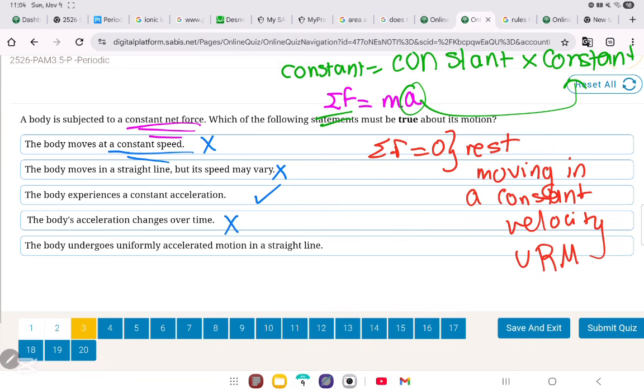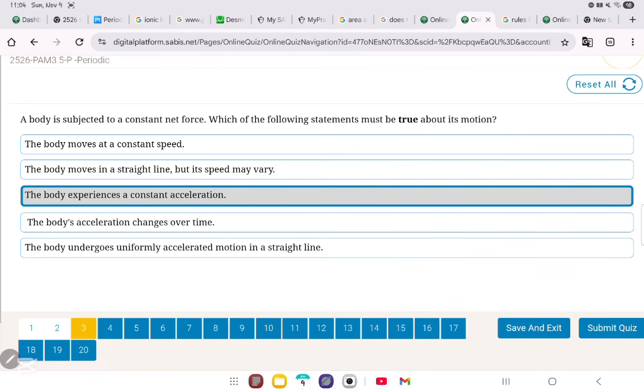And the body undergoes uniformly accelerated motion in a straight line. This is true only if it's moving in a straight line, but we don't know how it's moving. It could move in any direction, not necessarily along a straight line. So this is why the only correct answer is the body experiences a constant acceleration.